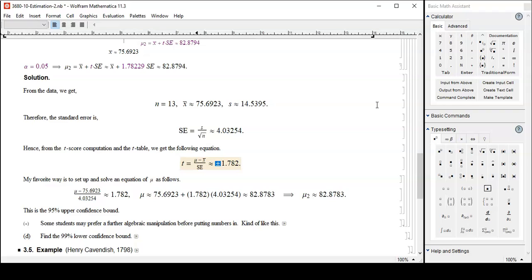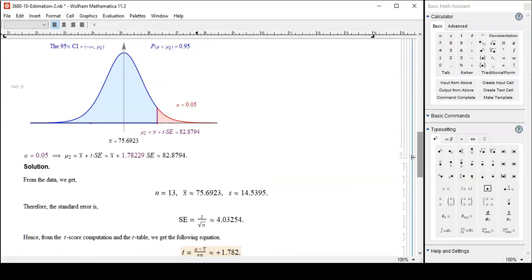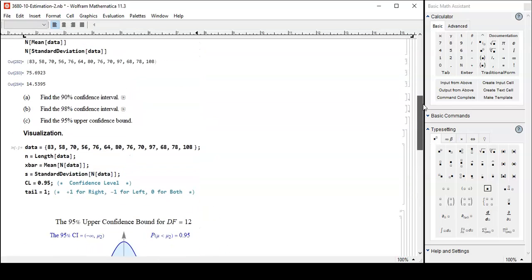Actually, you have to get plus 1.782. Sorry about the typo. Plus or minus is wrong because this is an upper confidence bound. For a lower confidence bound, of course, I'm going to need minus. So, okay? All looks okay?